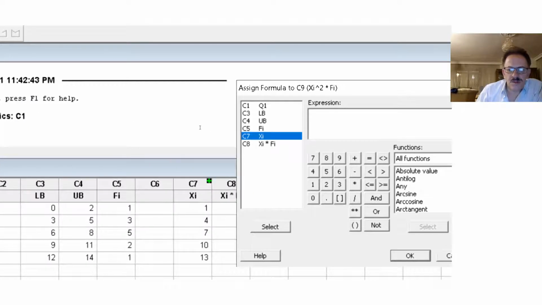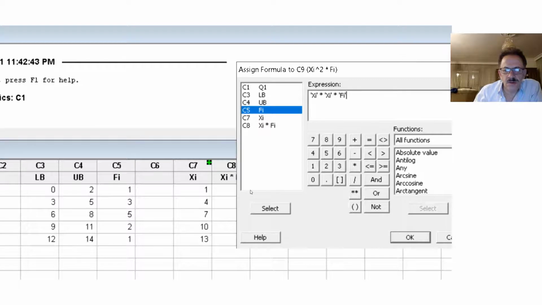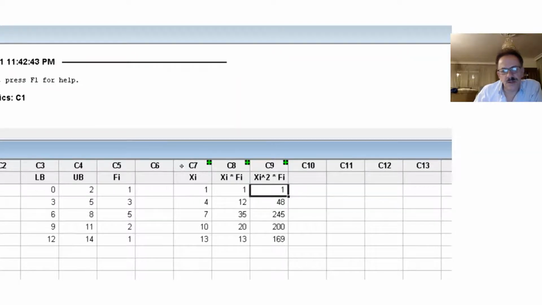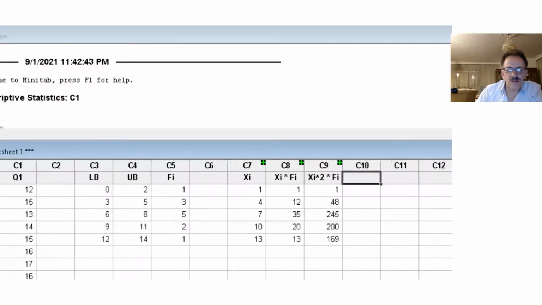I will say this column is equal to xi, but squaring that xi means xi multiply xi, or you can do square. This is xi square times fi. So it means that this column is equal to xi squared times fi, and you can see, yeah, this is xi squared. The second xi is 4, squaring 4, 16 times fi, 14 times 3, which is 48, and so on.